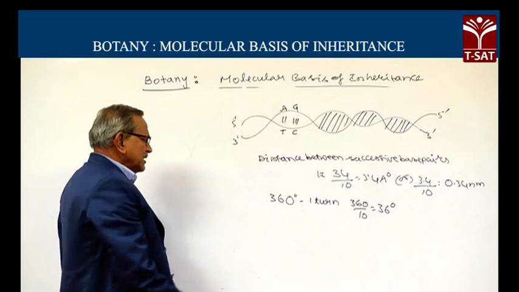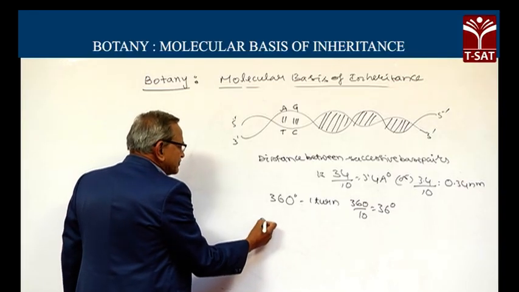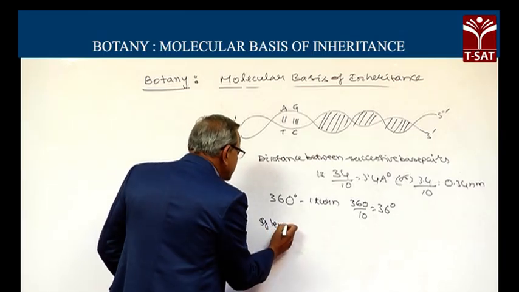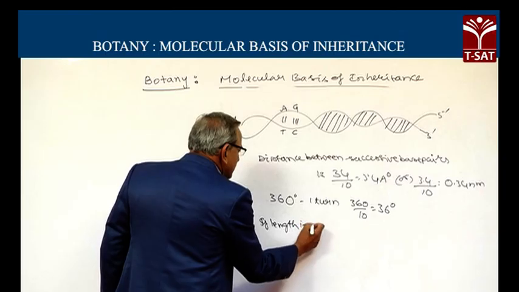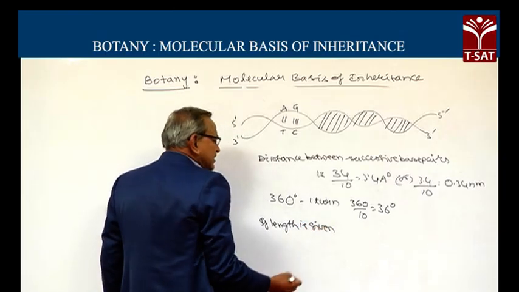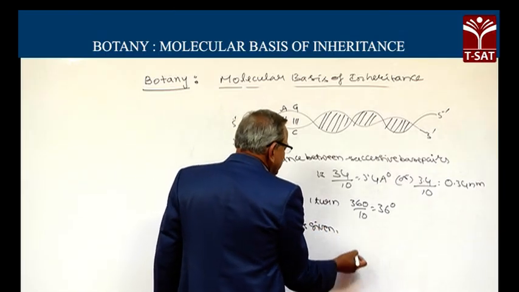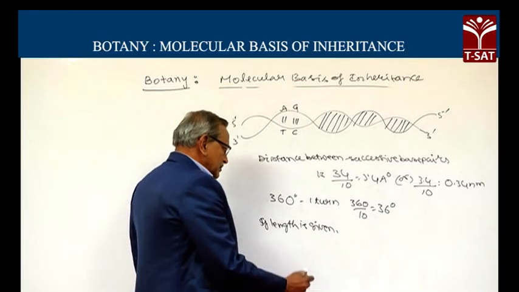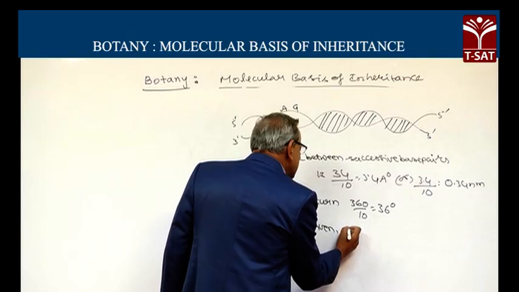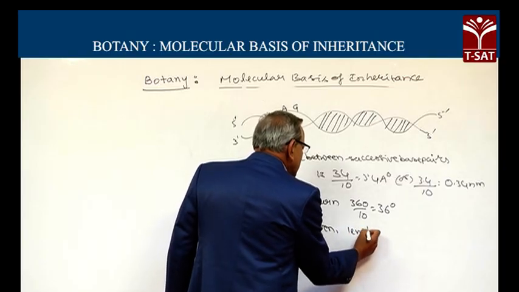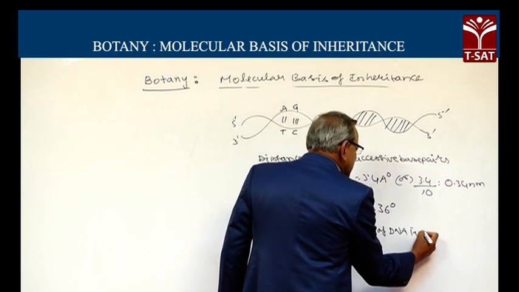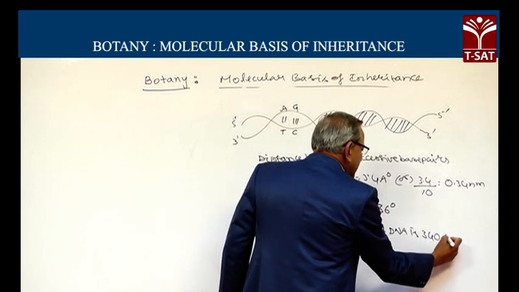Now if the length is given, we can calculate certain aspects. Now let us consider the length of DNA is 340 angstroms.